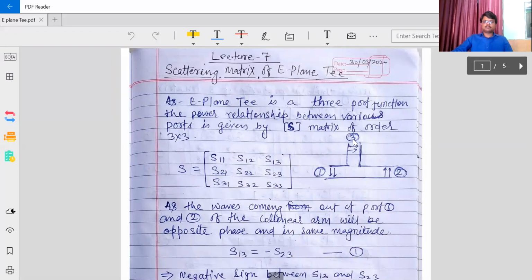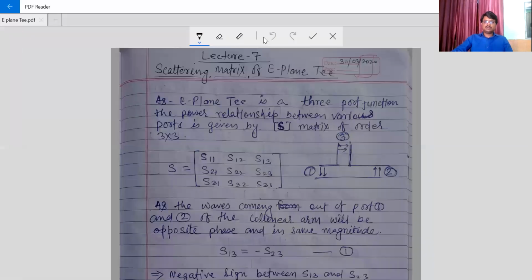So, the first thing I would like to notice is that if we give the input to port 3, it will come to port 2, and it will also come to port 1.